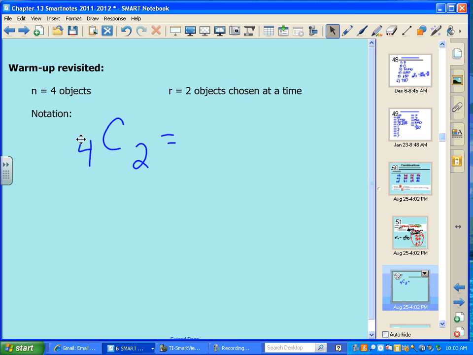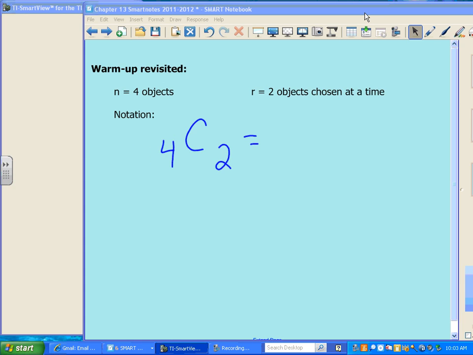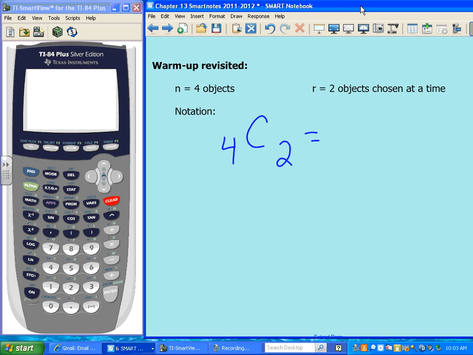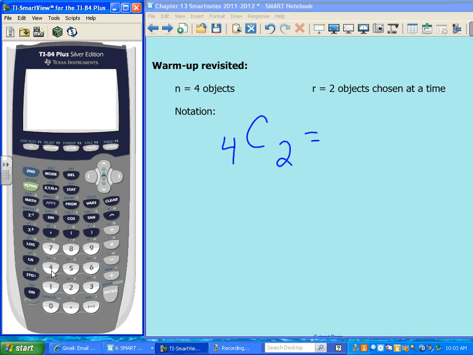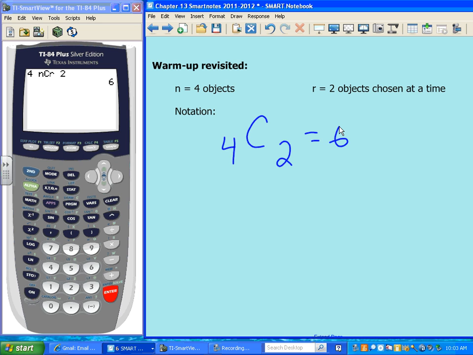To use the combination formula on the calculator, which is the way that you can do it, you don't have to do it by hand, type in 4, go to math, PRB, number 3, hit enter, type in 2, hit enter, make sure you guys all got 6. So just like yesterday, but we're going to number 3. Alyssa? Say that again? Good. Very good. Emma H? Good. All right, that's okay.